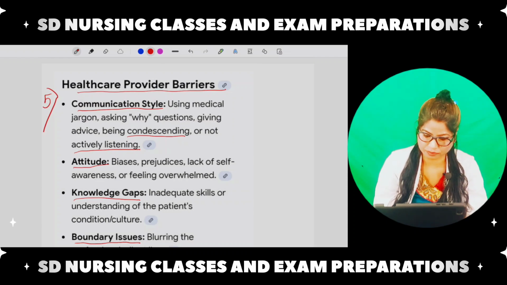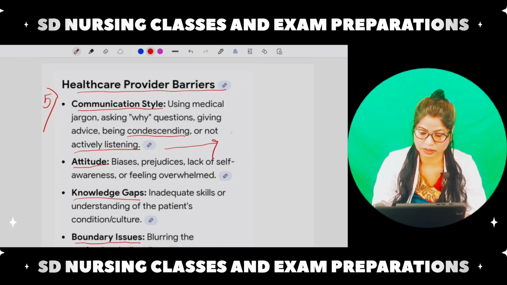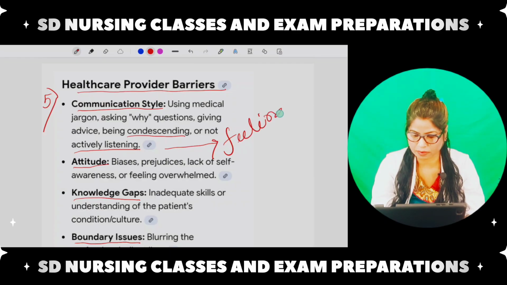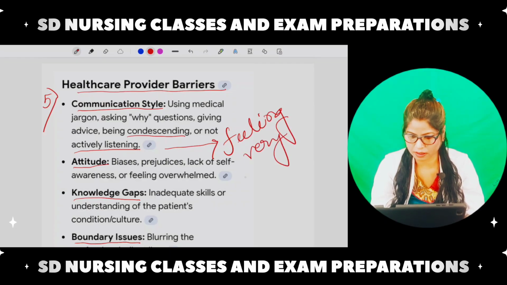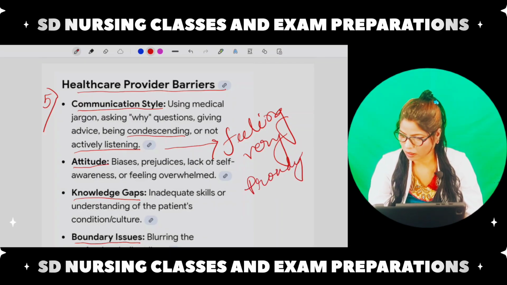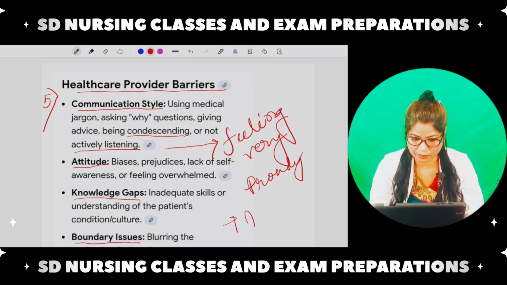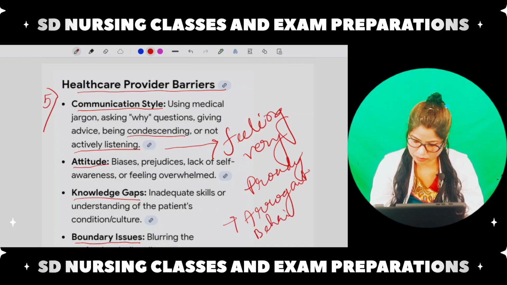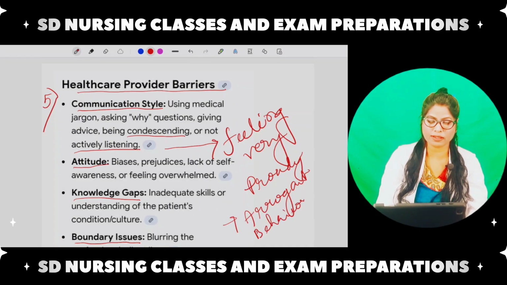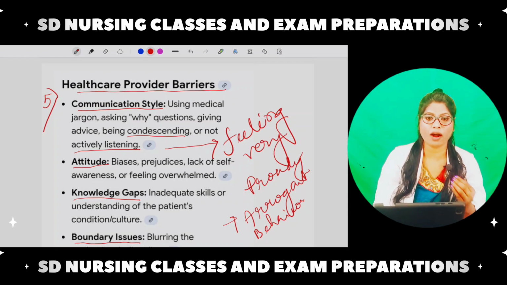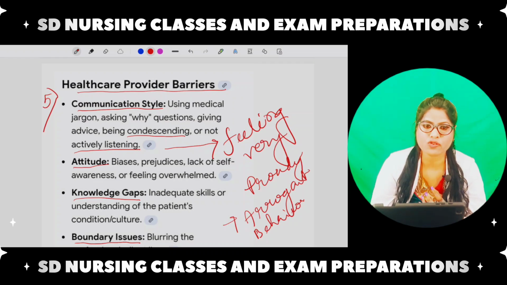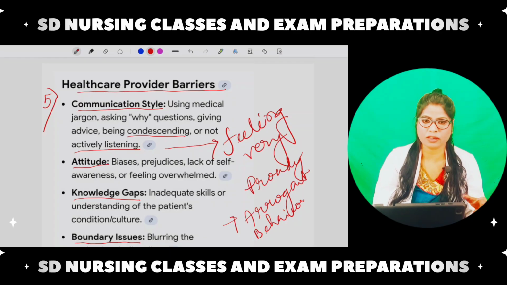Condescending means what? Feeling very proud, or arrogant behavior. You are behaving arrogantly with the patient because they are illiterate and have no knowledge.